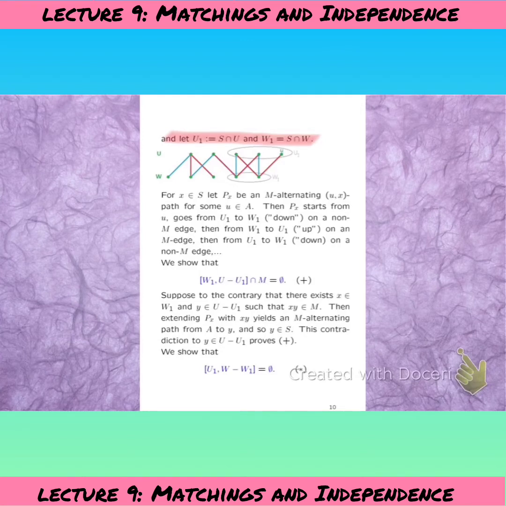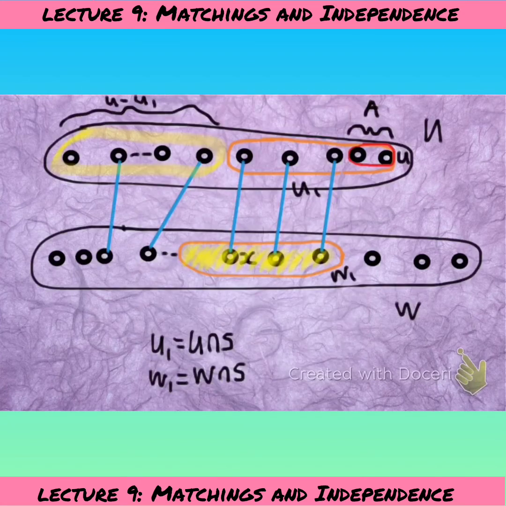And now we make the first claim. We claim that the intersection of W1 and U minus U1 with M is empty. So let's look at our sketch again. There are my two sets, U minus U1 and W1, the yellow part colored in.